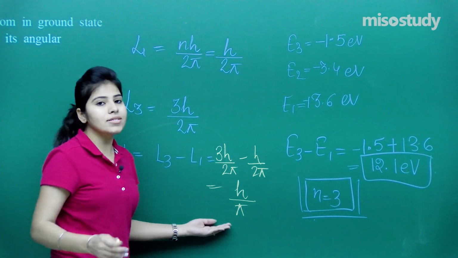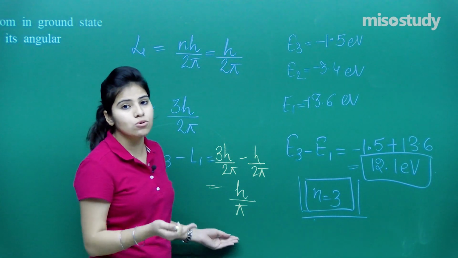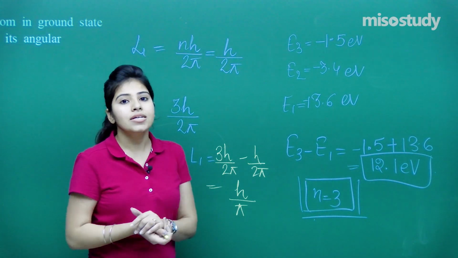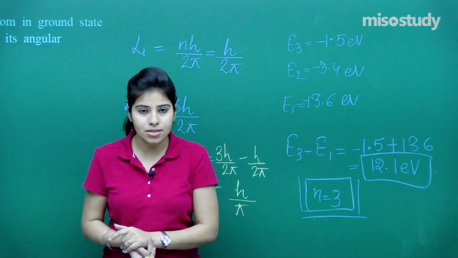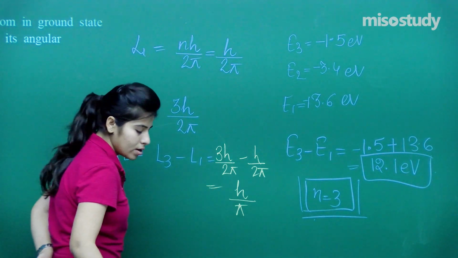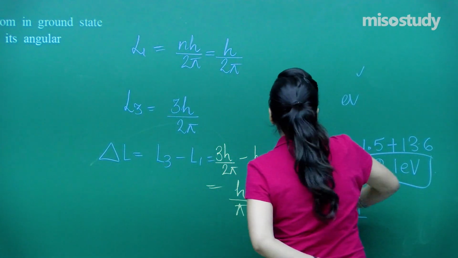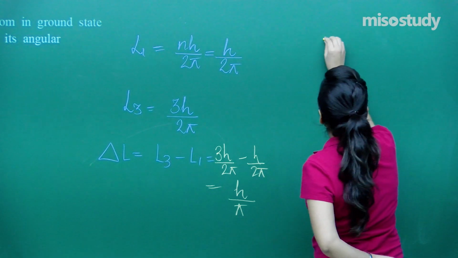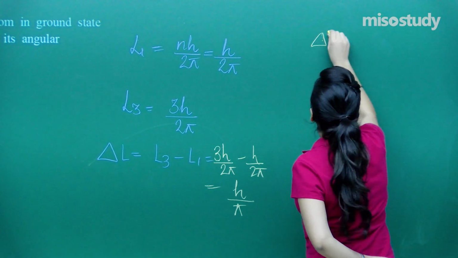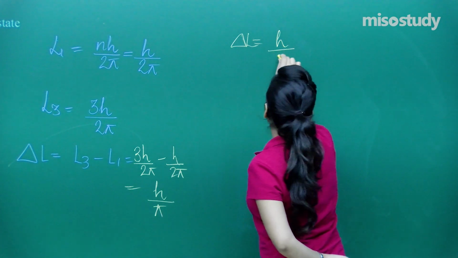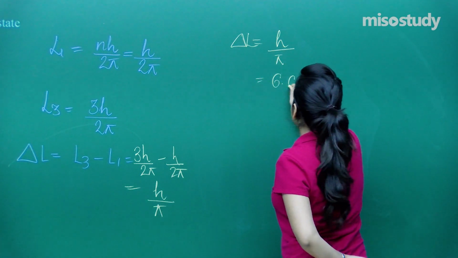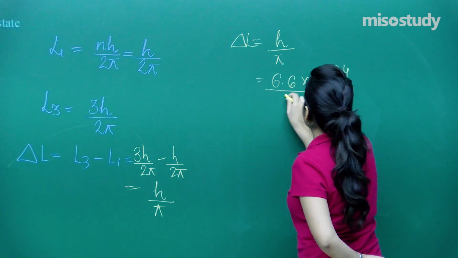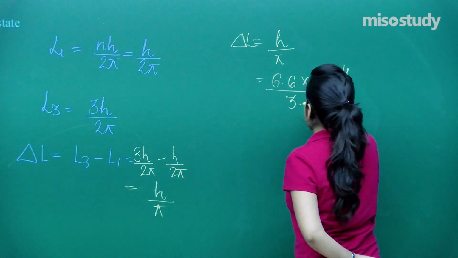We know that the value of h is 6.6 into 10 raised to the power minus 34, and pi is 3.16. Let me write it here. Your delta L is h upon pi, so 6.6 into 10 raised to the power minus 34 divided by 3.16.